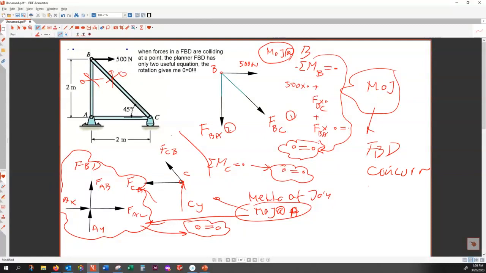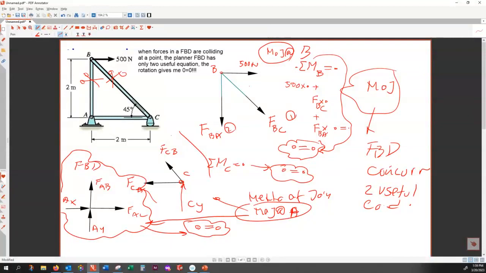And when it is concurrent, you only have two useful conditions. That means method of joint can only handle two unknowns. If the joint has three unknowns, the method of joint is useless. All right? So you can't use method of joint when there are more than two unknowns.